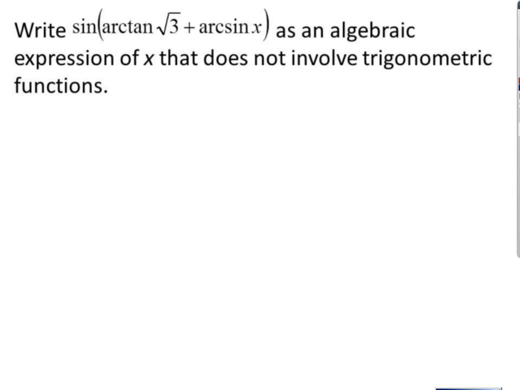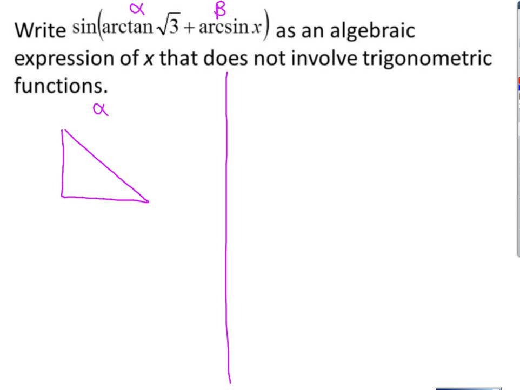Now before we expand these, this is the same thing as saying the sine of alpha plus beta. Now we're going to think of alpha and beta as two different triangles. Our alpha angle, let's put in the bottom corner, and our beta angle will also go in the bottom corner.